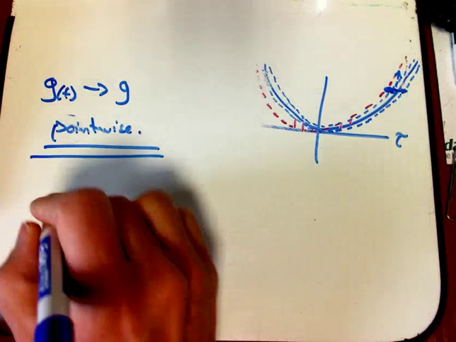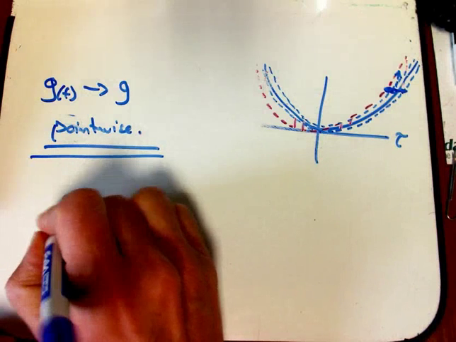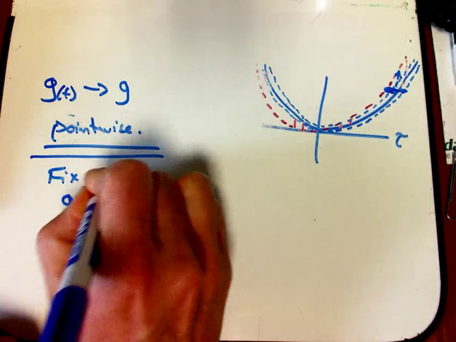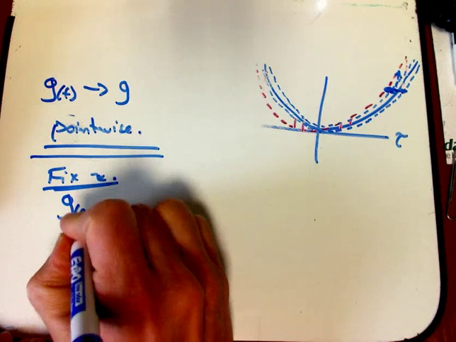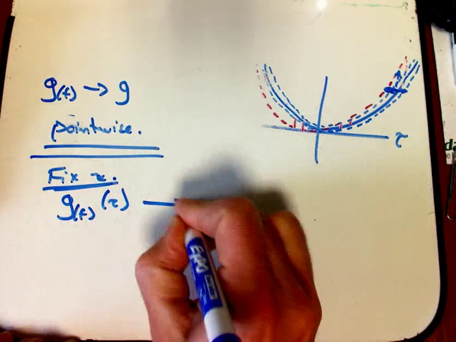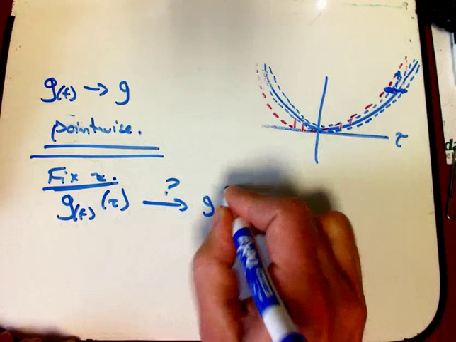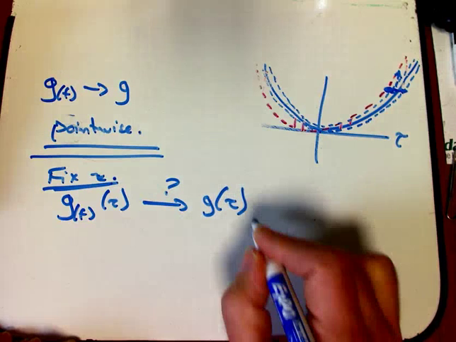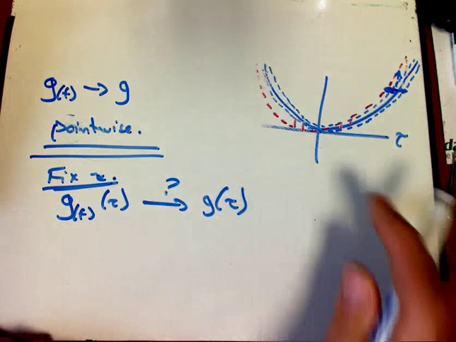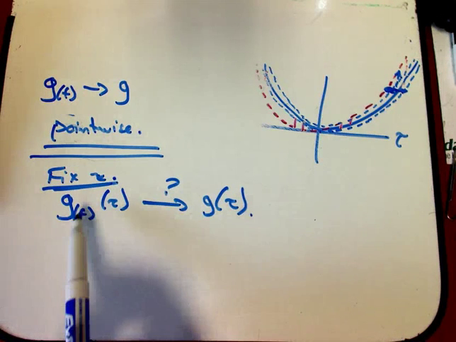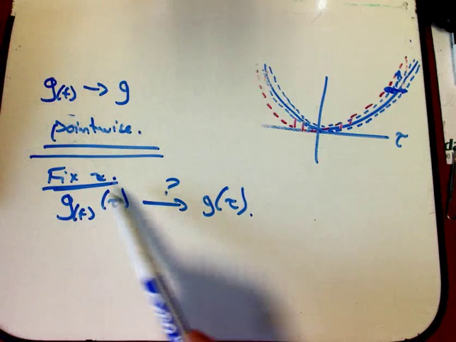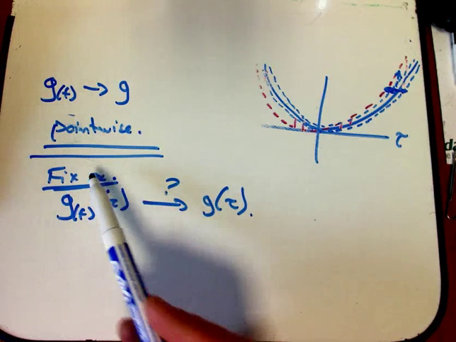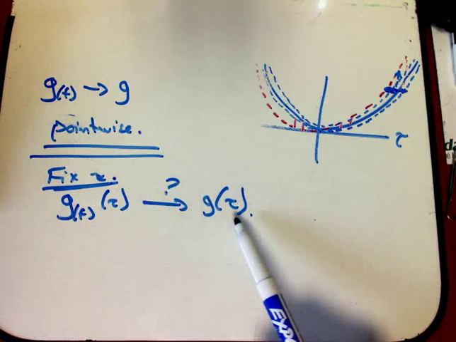Okay, but if I just fix tau at the start and then see if g sub t of tau goes to g of tau, that's a very different question, because I'm letting the speed at which it converges vary based on tau. I've fixed tau, and I just want to say that these converge sort of separately, not uniformly.